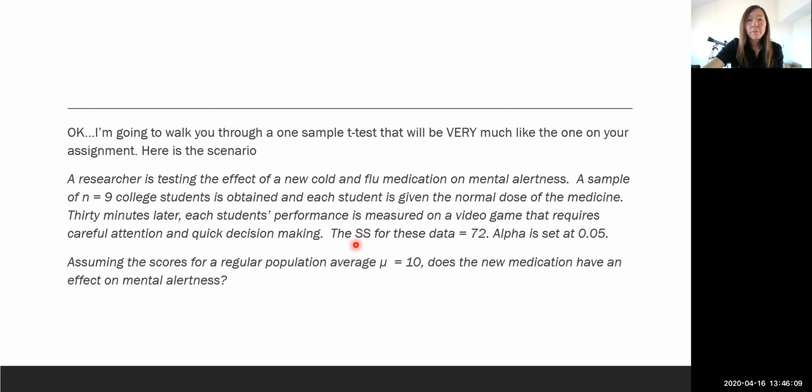So this is a very, very short example of a research study, but if you're still struggling trying to come up with the right methodologies, maybe this could be an example of how you might want to answer your question. So we're going to assume a regular population average of 10, and I want to know if the new medication has an effect on mental alertness.